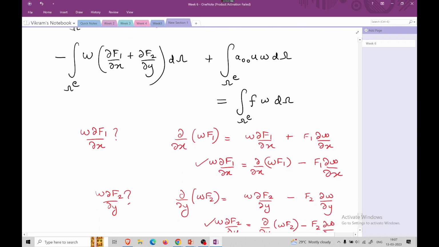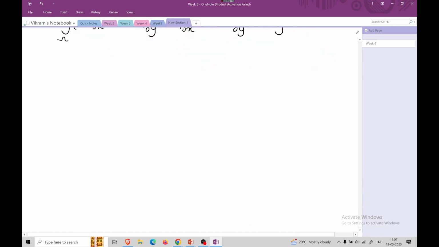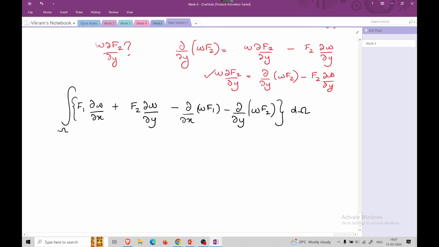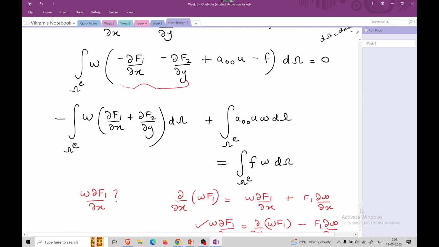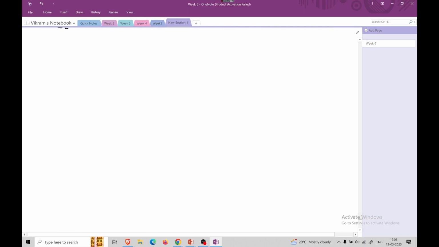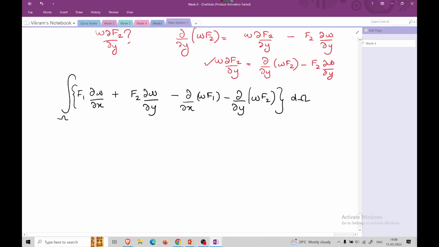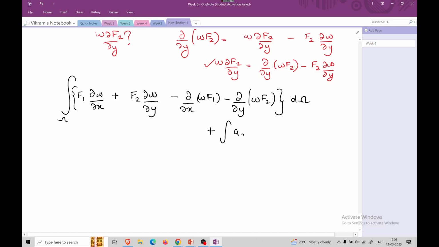So from this term I have come to this term by the chain rule, and what is remaining now? Plus a00 u w d omega is equal to w f d omega over the integral.